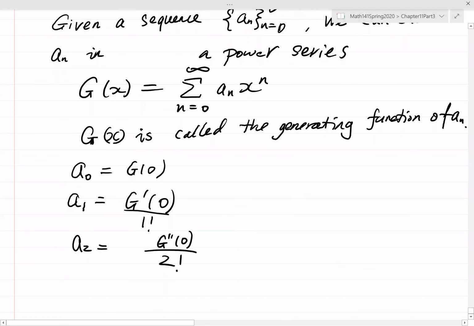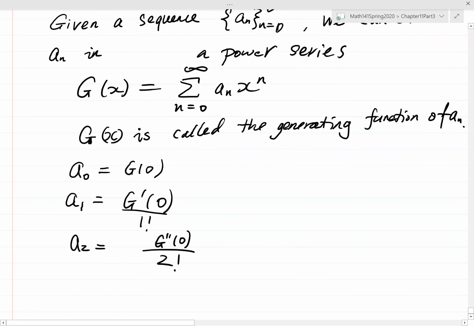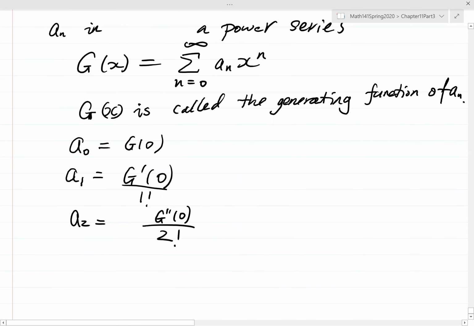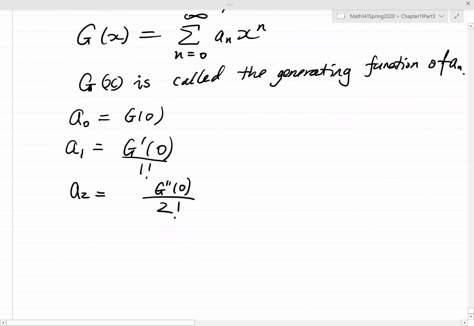The benefit of g is that we include all the numbers in this sequence simultaneously in the function g. Some properties of a_n, such as symmetry, are reflected in properties of the function g, and then we can use the function g to study the sequence a_n.